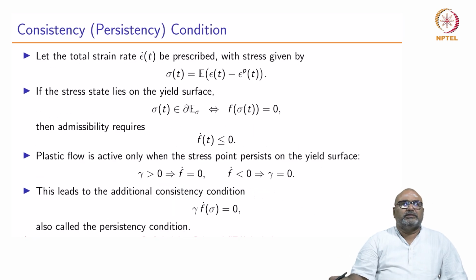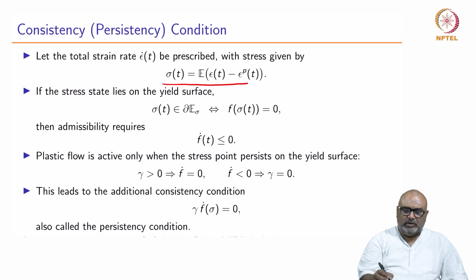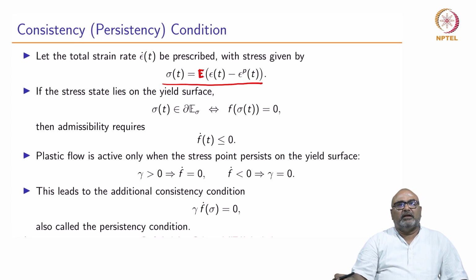Let us, for instance, assume epsilon dot is the total strain rate that is prescribed. Then the stress is defined by sigma of t equals the modulus of elasticity E times epsilon of t minus epsilon p of t. If the stress state lies on the yield surface, then sigma belongs to the boundary of the elastic range, given by the boundary of E of sigma.